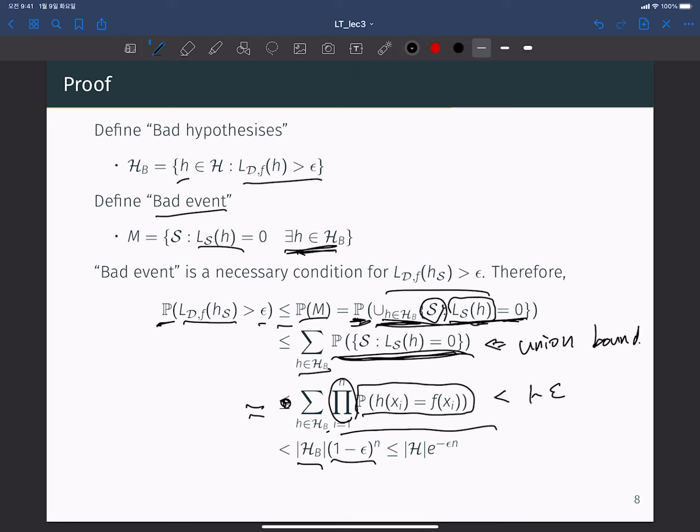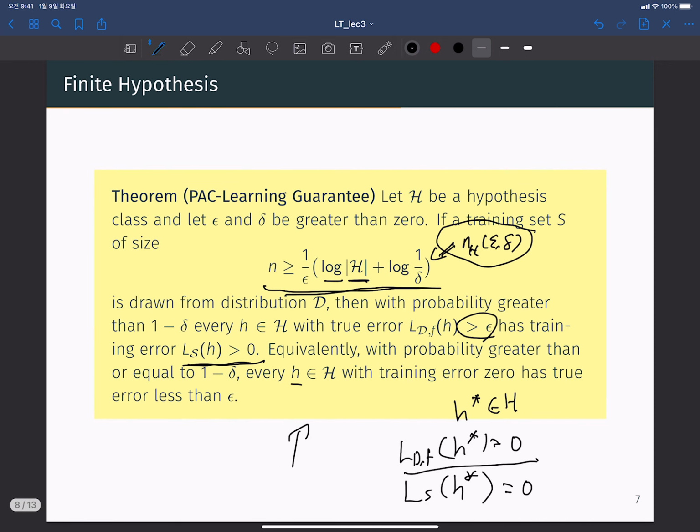And the cardinality of the bad hypotheses is definitely less than or equal to the total hypothesis cardinality. So basically we have this inequality, and from this inequality we just need to find n that makes this hold, right? And that is this theorem. When n satisfies this, we can make this argument.